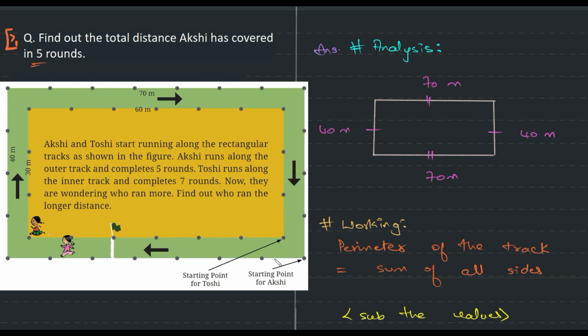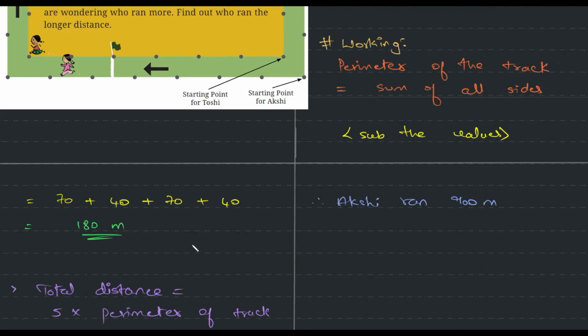How much distance is she covering in 1 round? How did I do that? By finding the perimeter. How do you figure out the perimeter? It's the sum of all the sides. So the sum of all the sides is 70 plus 40 plus 70 plus 40. Again, there are many ways of finding a perimeter. You can go any way you want. So for me, this is convenient.